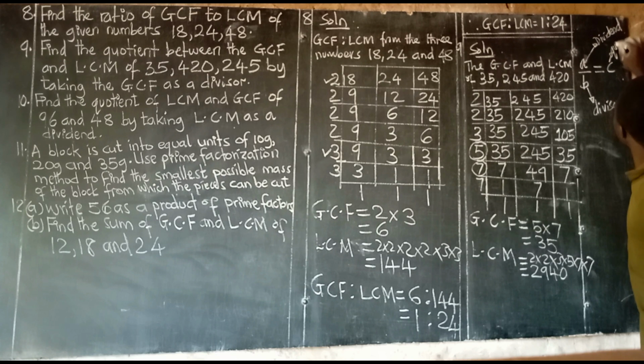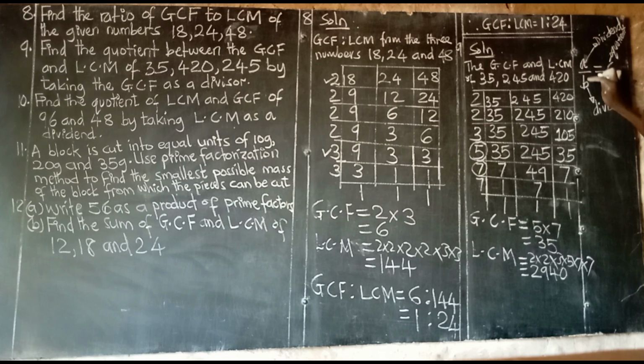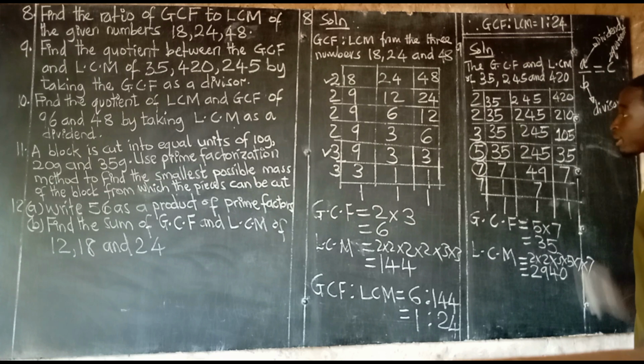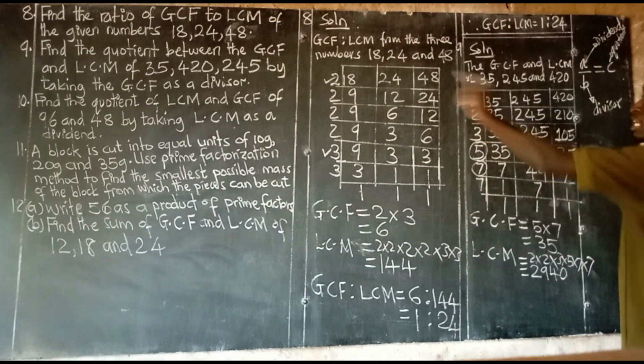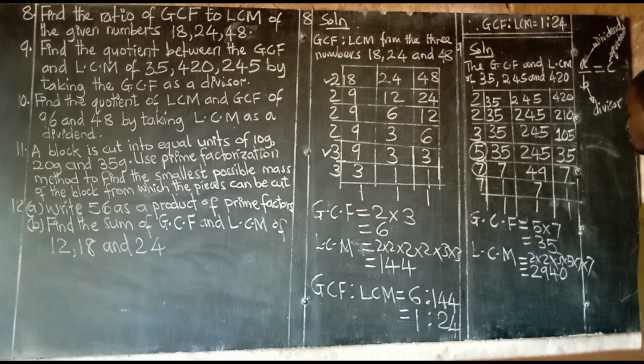So the quotient is the answer obtained after division, and during division the numerator is the dividend, the number to be divided, while the denominator, which divides the numerator, is the divisor. So if we are told that the GCF should be a divisor, it means that the LCM will be a dividend.